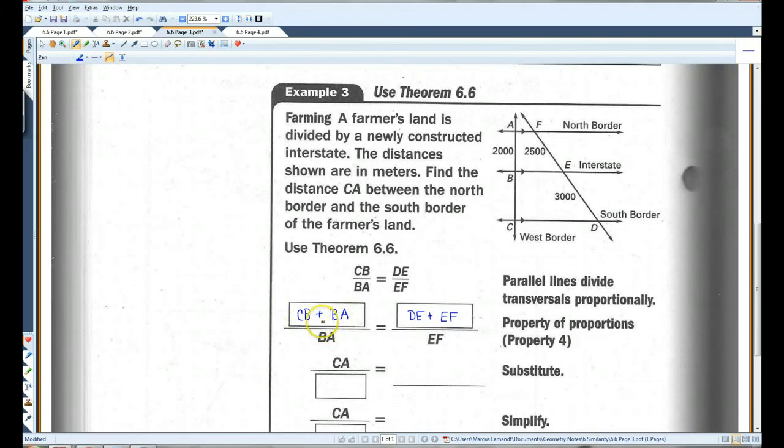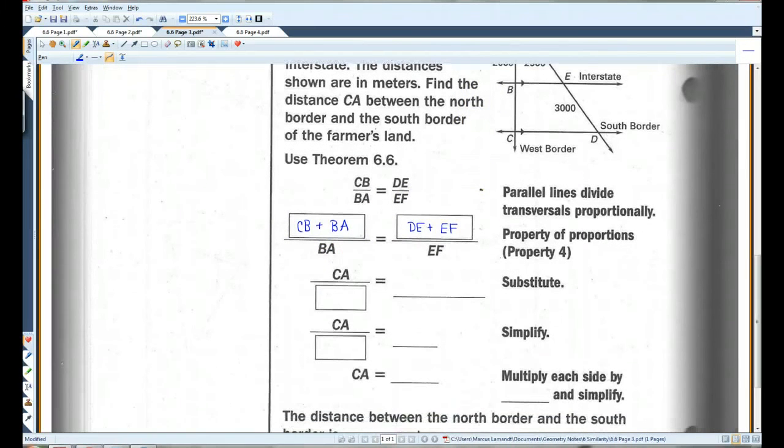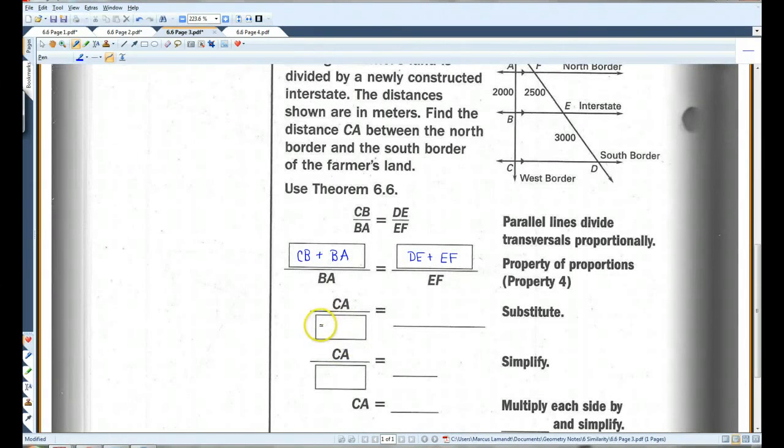CB plus BA is CA, which is what we're trying to find. BA, we know, is labeled up here as 2,000. DE plus EF would be 3,000 plus 2,500. Okay, so this is once again 2,000. This becomes 5,500 over 2,500.